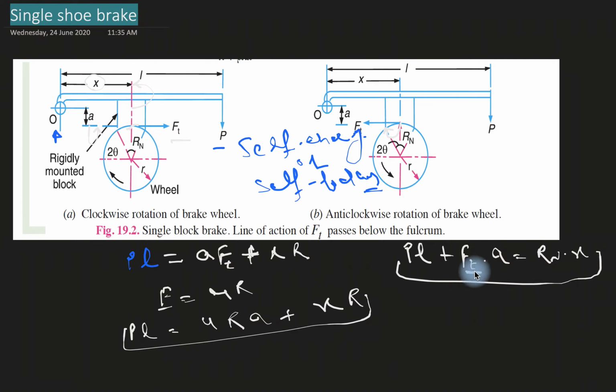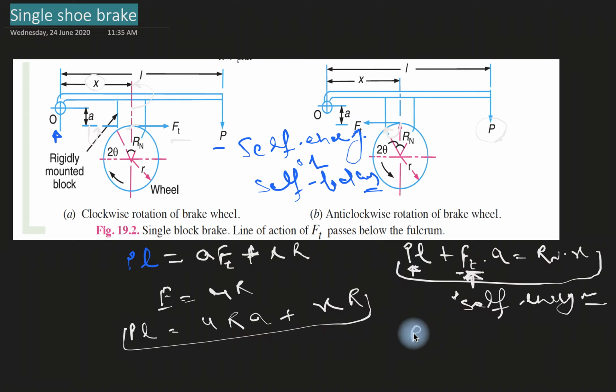If the moment of the frictional force is added to the applied force P, then I will call it self-energizing, because it helps us reduce the applied force.